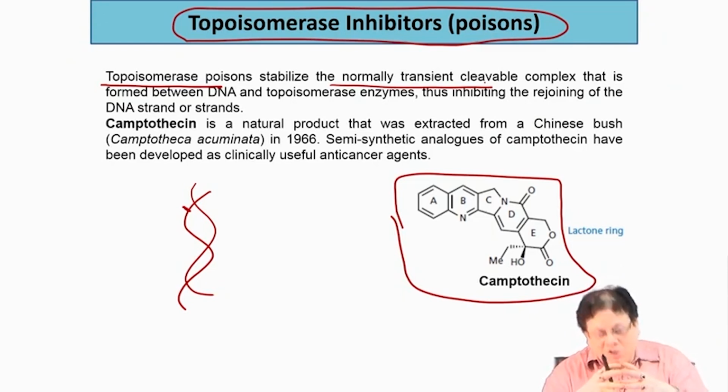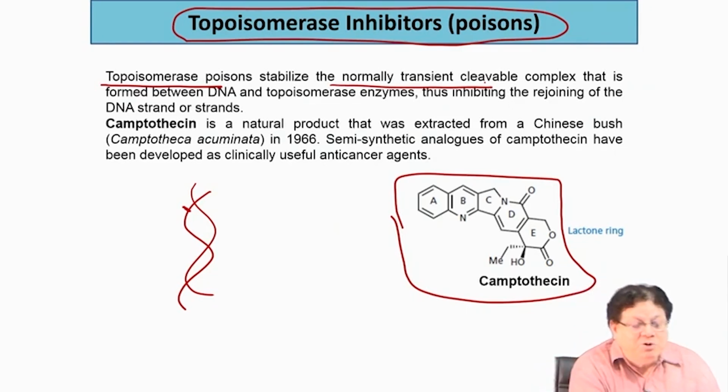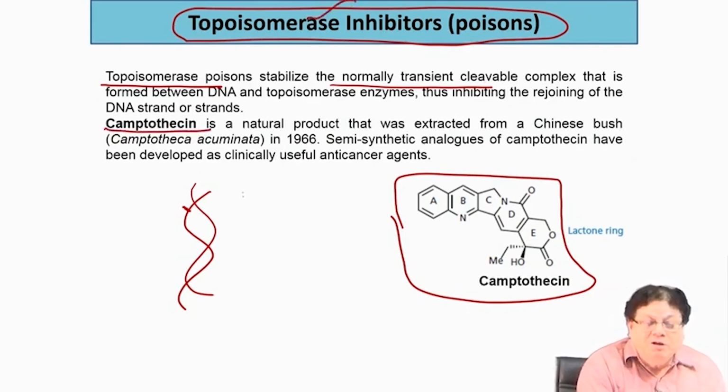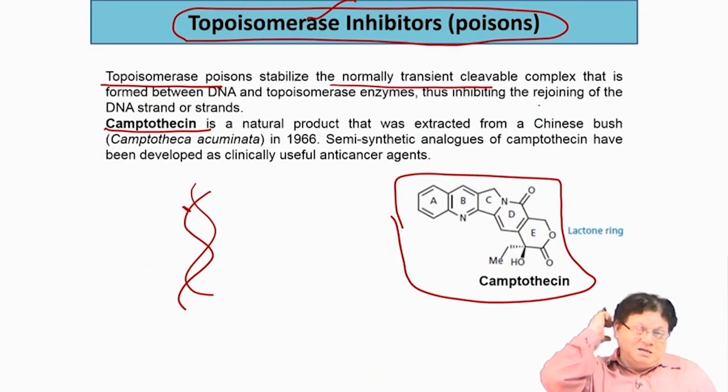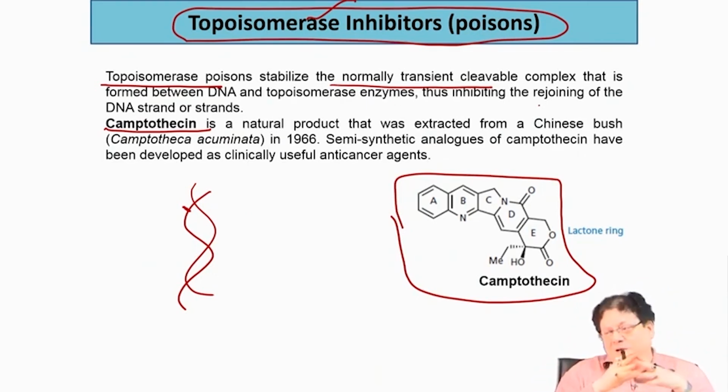It has to be transitory, because as the replication fork moves, it has to again join it back. But the camptothecin molecule or these type of topoisomerase inhibition molecules, what they do, they stabilize whatever was transient earlier, they stabilize that nick DNA topoisomerase complex.